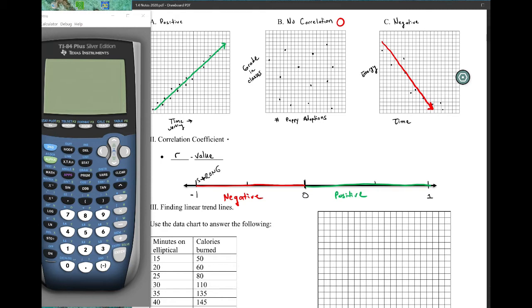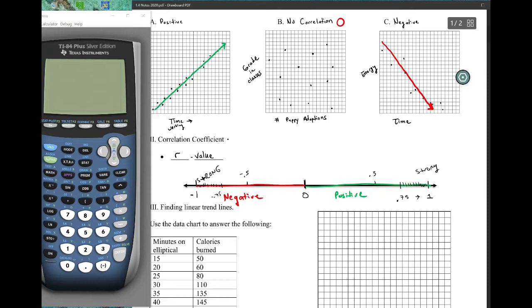Typically, if you have a correlation of 0.75 to 1, we'll say those are in the strong category, or -0.75 to -1 about. The closer you get to about 0.5, negative or positive, it's a weaker correlation in between there.